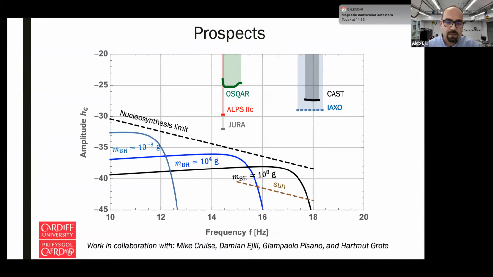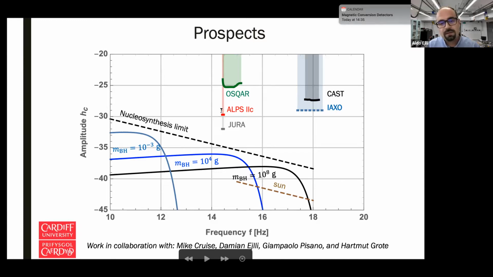This work was done in collaboration with Mike Lewis, Damian, John Paul and Hartmut Grote. Here I plot the sensitivity to a stochastic gravitational wave background. So we have an improvement of orders of magnitude, narrow band, in ALPS II and JURA, and here I have plotted also the nucleosynthesis limit, related to the fact that we observe some combination of light elements in the stars, and here are also some plots with different masses of primordial black holes.